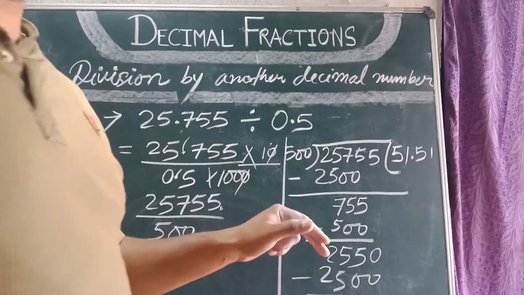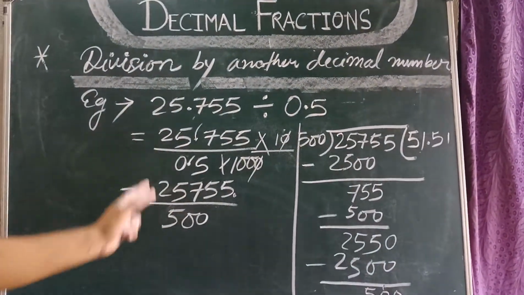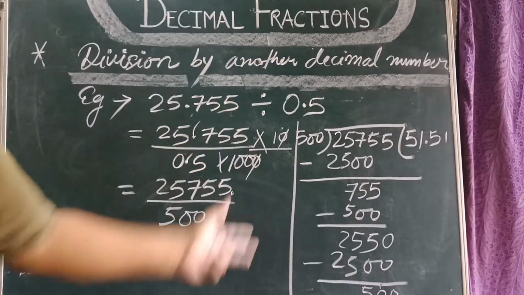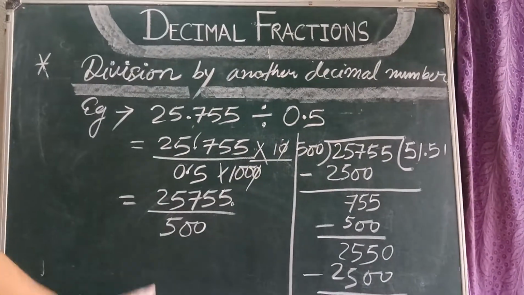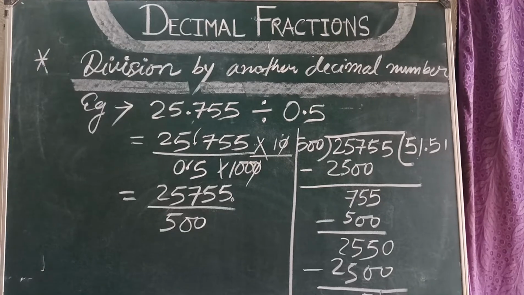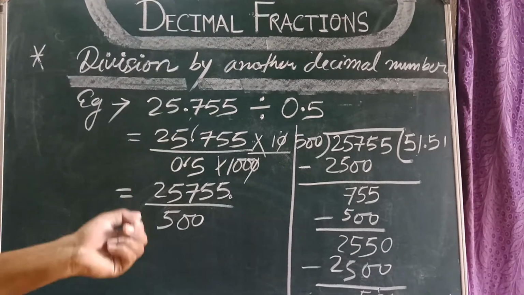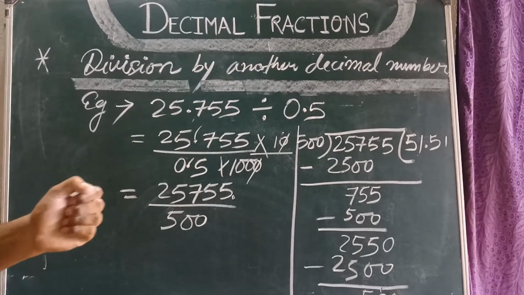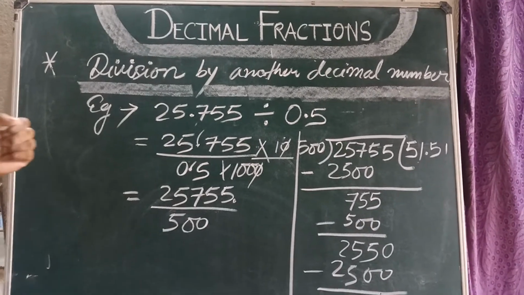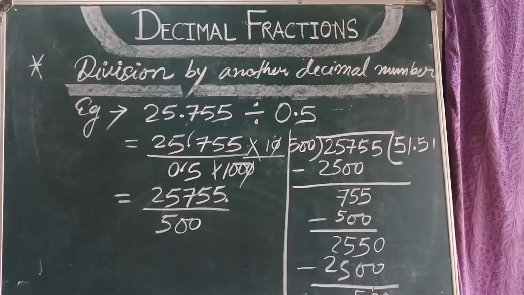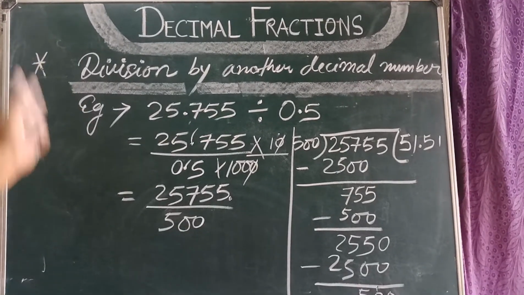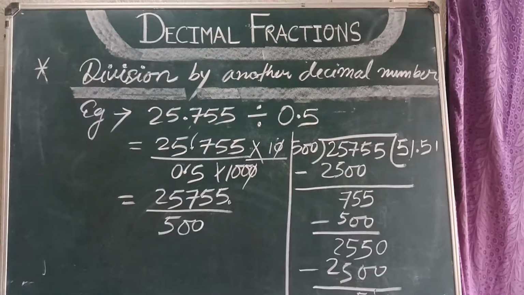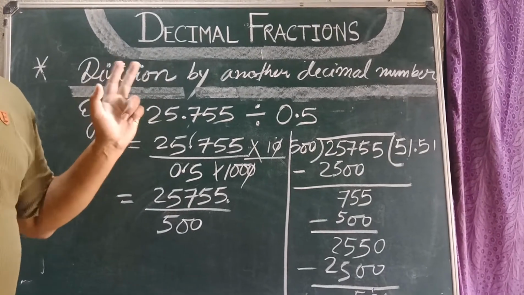So both the methods are okay students. Whichever is convenient to you, you can go through that. I have told you both the methods so that you won't be confused, because you may find something in the book, some explanation in the videos, so you may get confused. So on the whole, I have told you the multiplication of the decimal numbers with different numbers, 10, 100, 1000, then whole number, then we have taken another decimal number, and the division also we did in the same way.